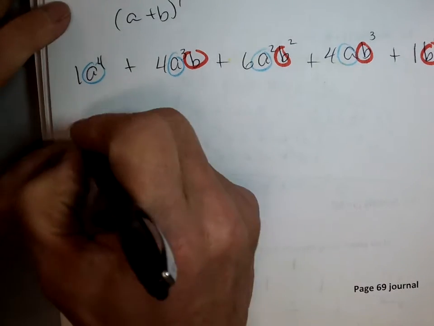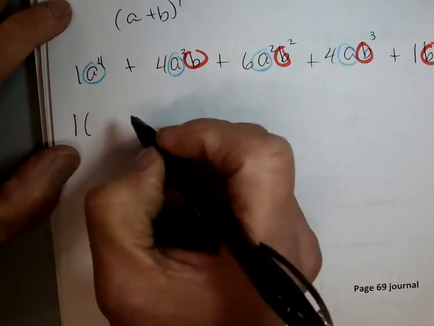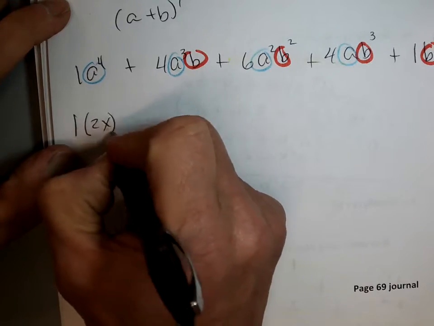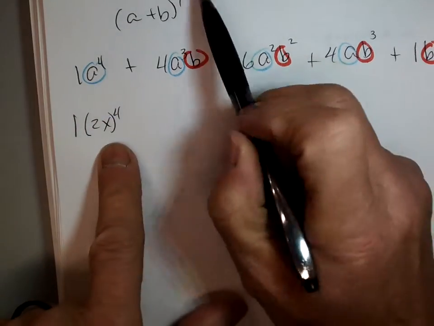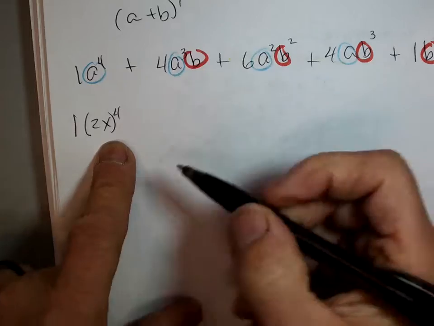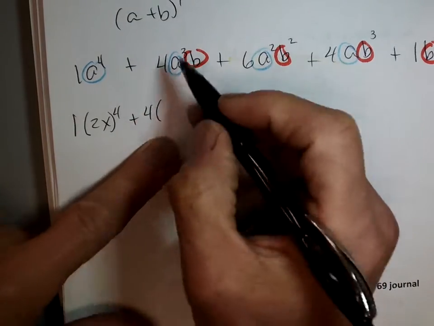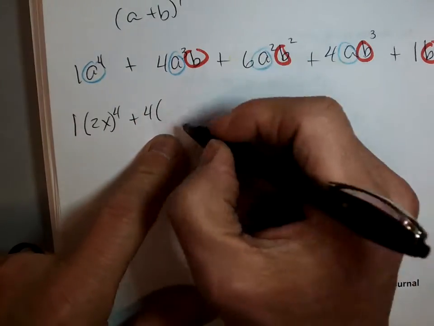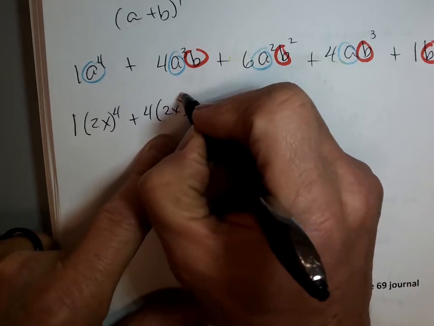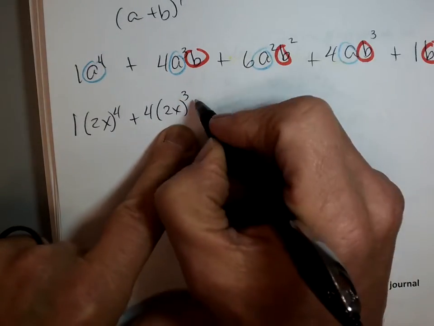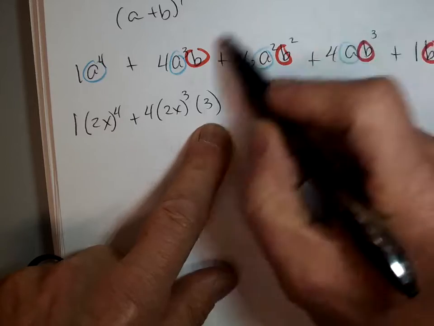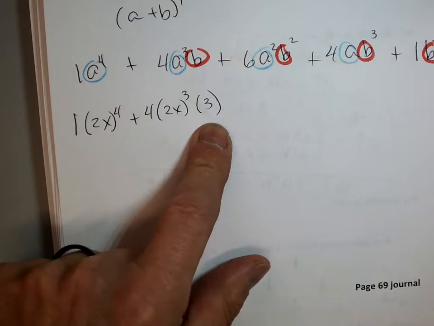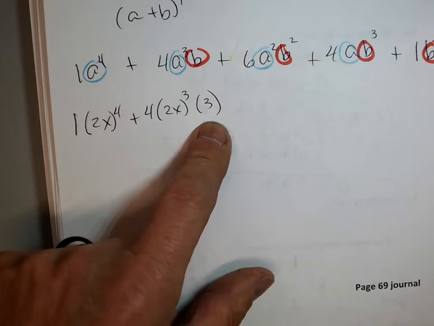We're going to have a 1, parentheses 2x to the 4th. So I'm simply putting 2x in for a. Plus 4, and I'm going to substitute in 2x for my a, which is 2x to the 3rd, times my b. So I'll times it by 3, because this problem isn't about a's and b's, it's about x's, 2x's, and 3's, right?